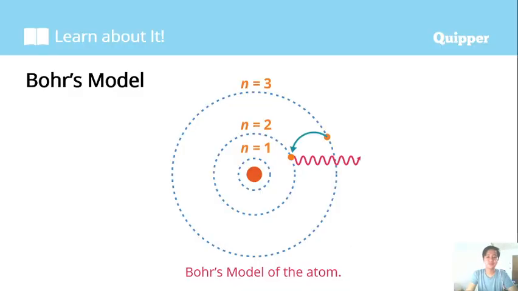Now, because atoms are by nature stable, they do not radiate energy. And according to Niels Bohr, electrons would only emit photons, or what we call light, when moving from a higher orbit to a lower orbit.